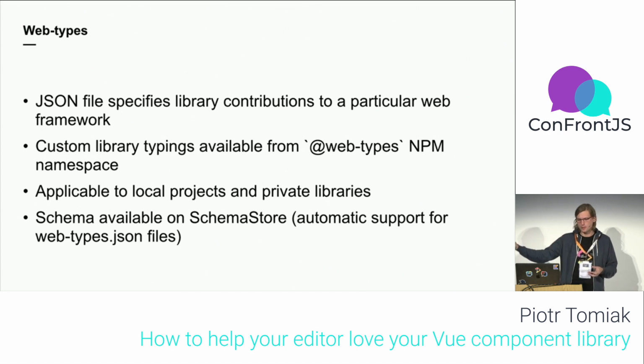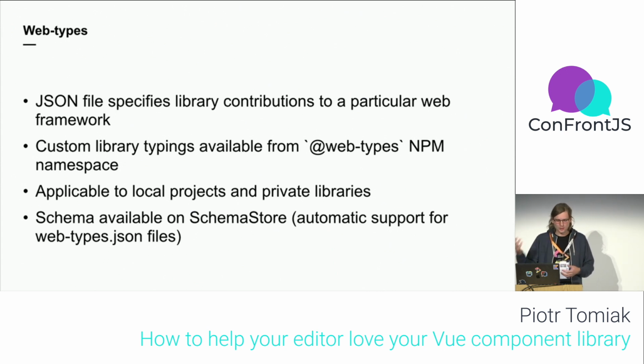You can ship Web-Types with your private libraries, so it doesn't have to be something public on NPM. And there is also a schema available on Schema Store. So in editors like VS Code or WebStorm, you have support for the schema automatically if you create a Web-Types JSON file, without needing to add a schema reference.